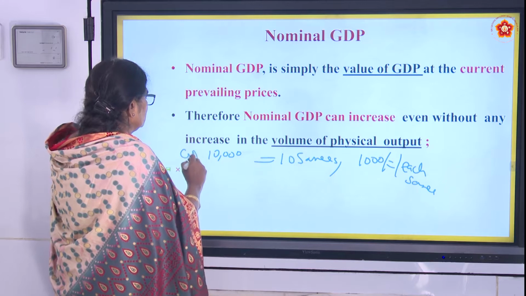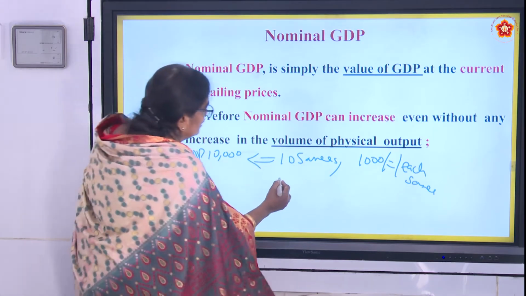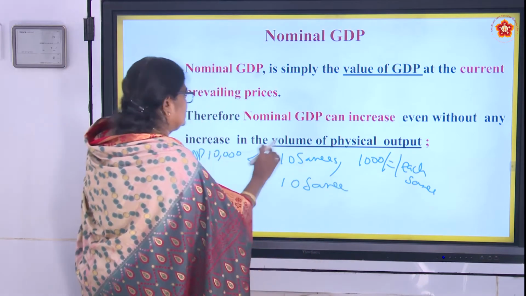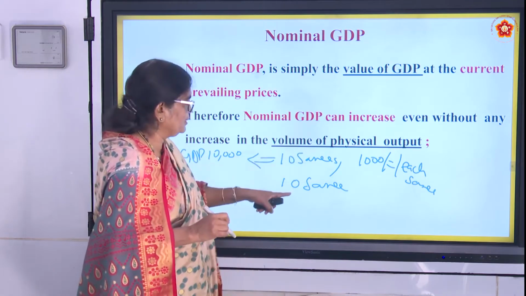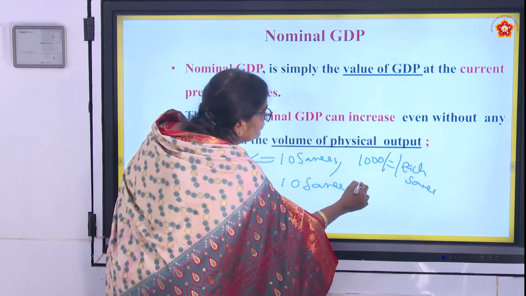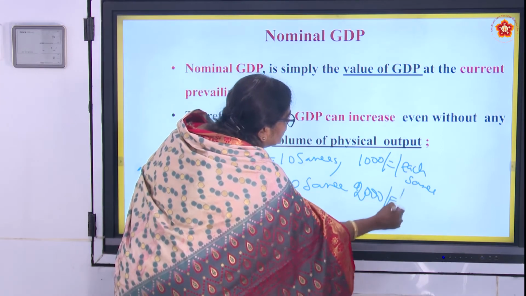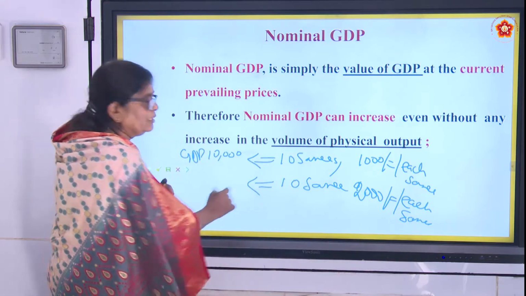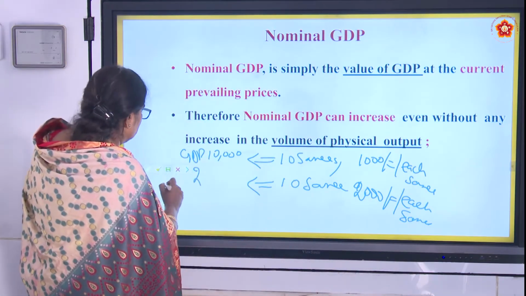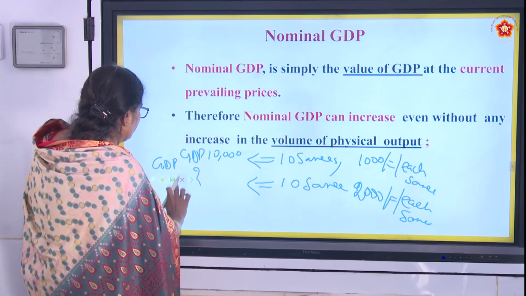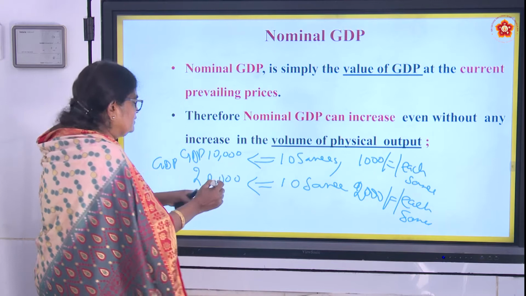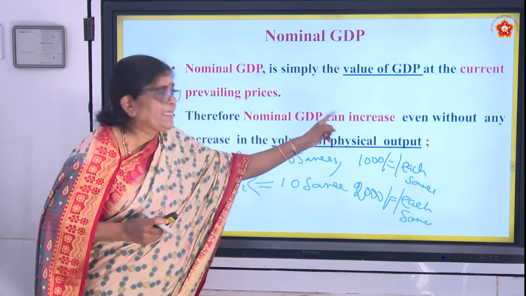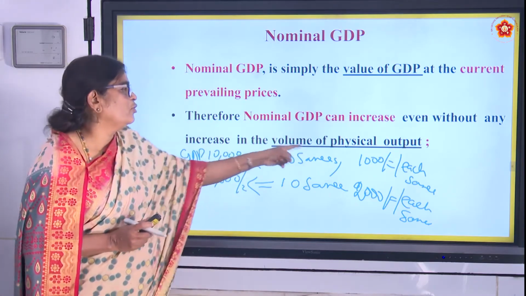But if it is the same 10 saris, the volume of production didn't increase, the number of saris is the same, but the price has gone up to 2,000 rupees per sari, same variety of sari. What is the GDP now? It is 20,000.